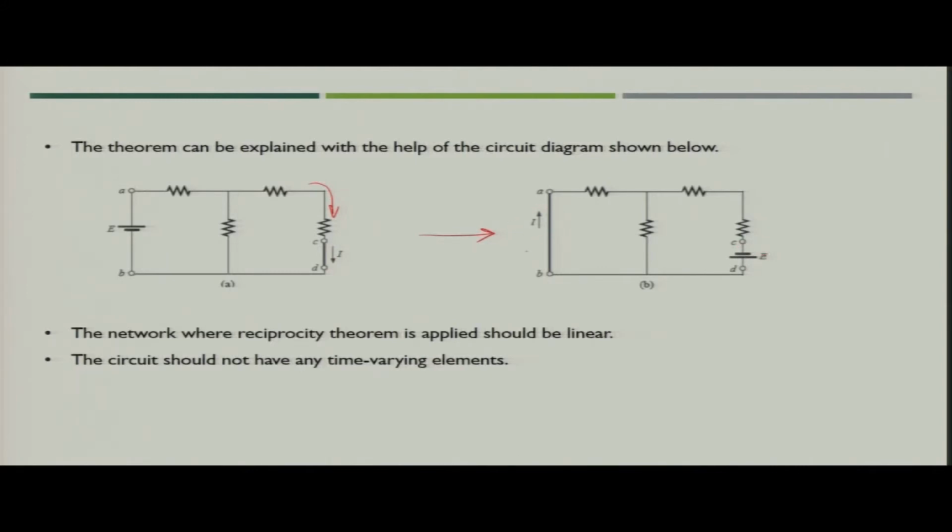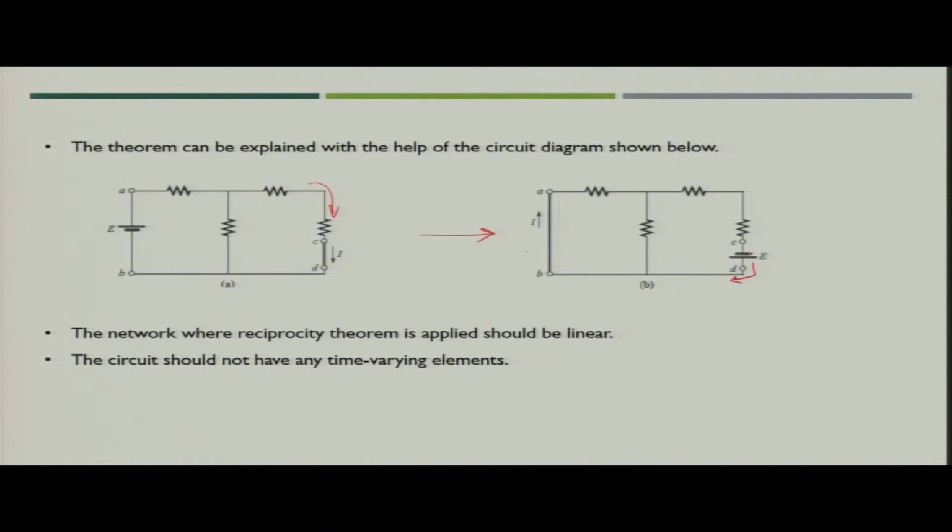If you place the voltage source at the current location, you have to make sure that the polarity of the voltage source is such that it will give power to the circuit in the same direction as the previous direction of the current.